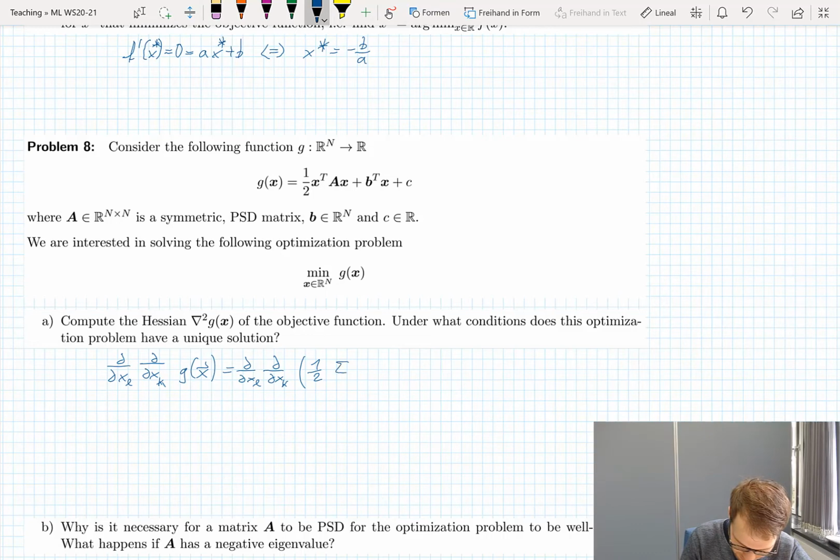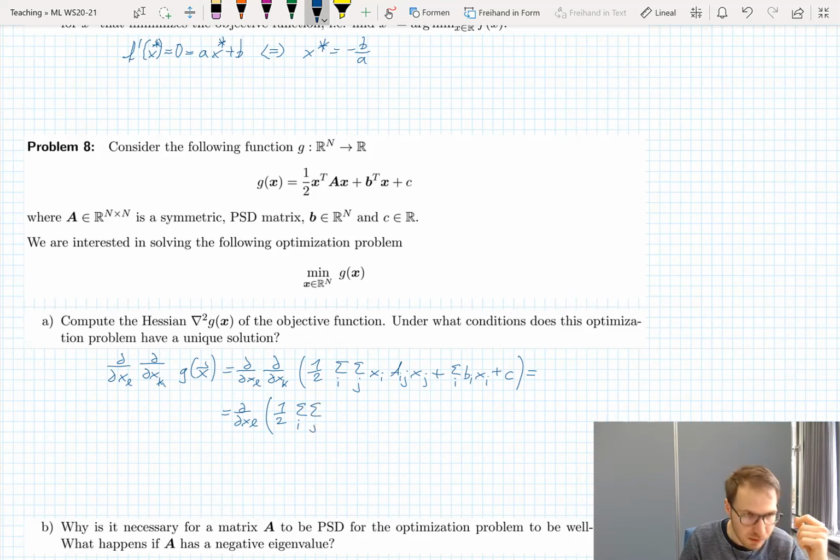Okay, so here we'll use i and j, sum over i, sum over j, x i a i j x j. So this is just g of x written down, plus the sum over i of b i x i, plus c. Okay, and now we take the derivative with respect to k. So the first part, one half, sum over i, sum over j.